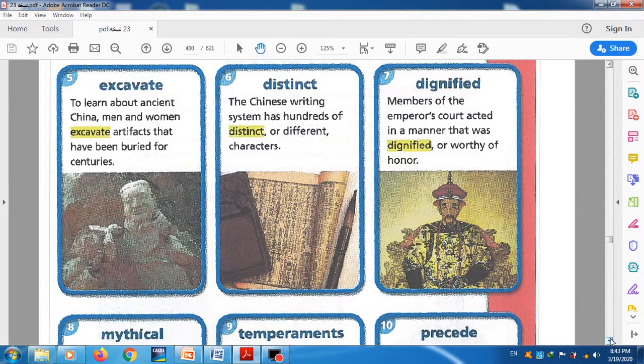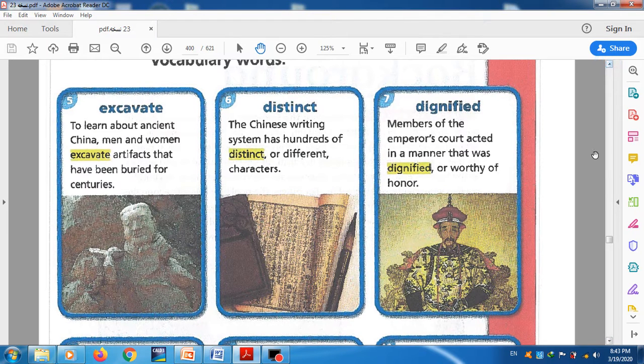Number 5, the word is excavate. The sentence: to learn about ancient China, men and women excavate artifacts that have been buried for centuries.